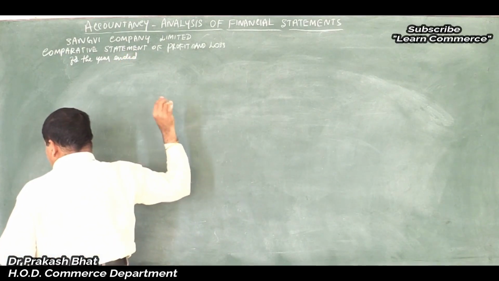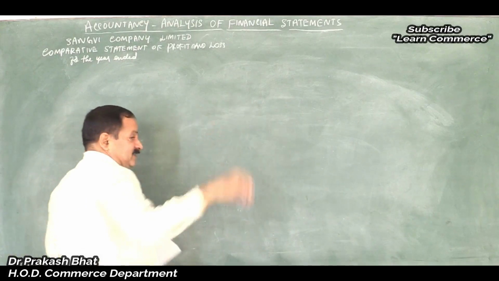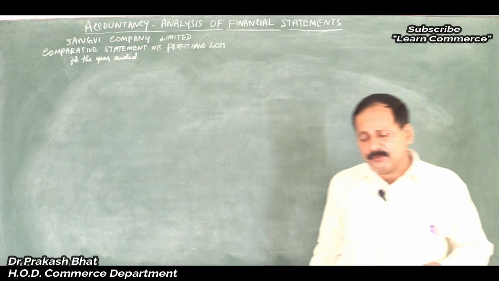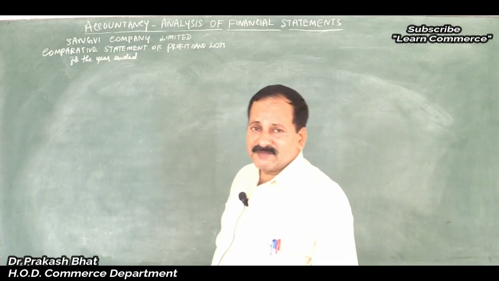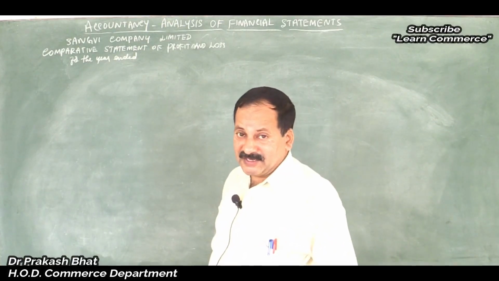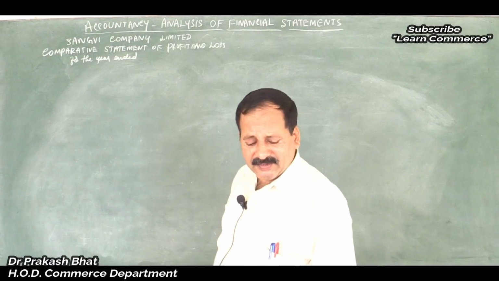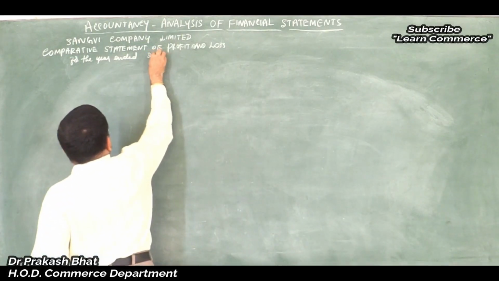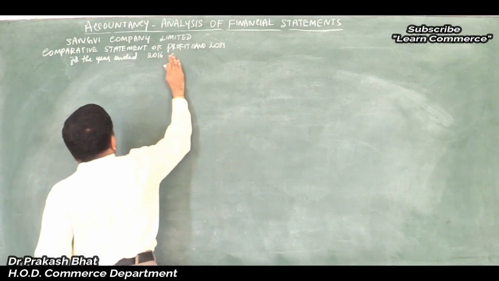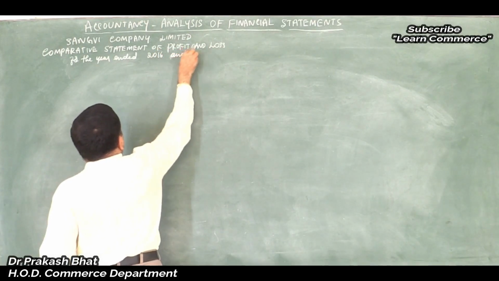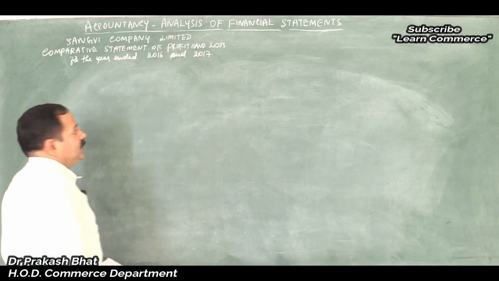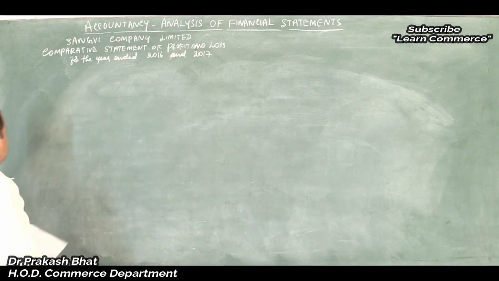March 31st is not given. It is given as 2016 and 2017. Whether it is January or December makes no difference for us, because we need not calculate depreciation or something like that. So just write year ended 2016 and 2017. That's all you have to write. Clear? Yes. Draw the columns now.